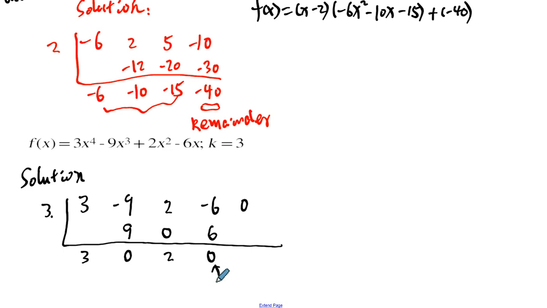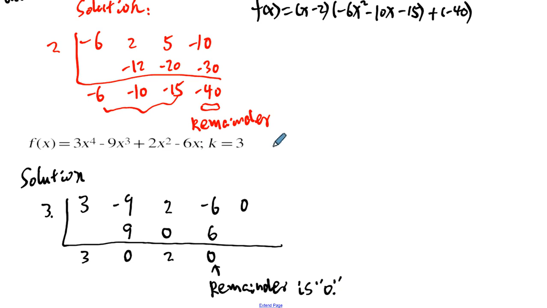So in this case, you have a remainder of 0. And then what can you do?